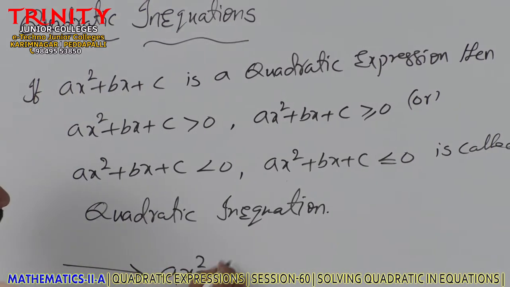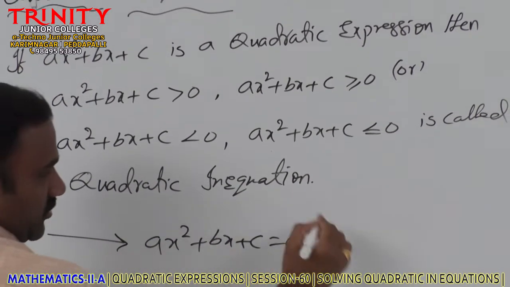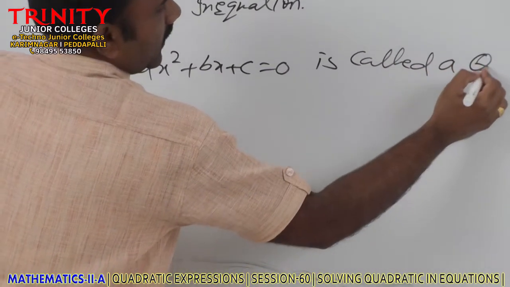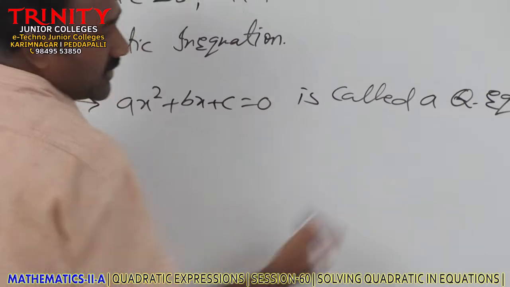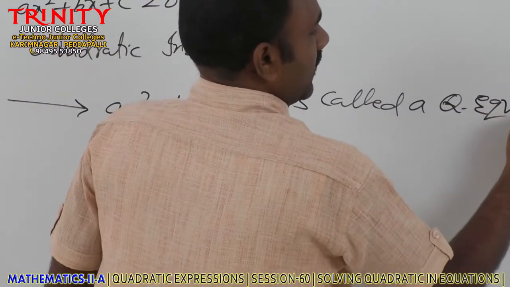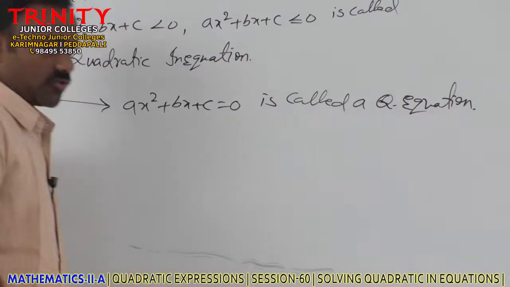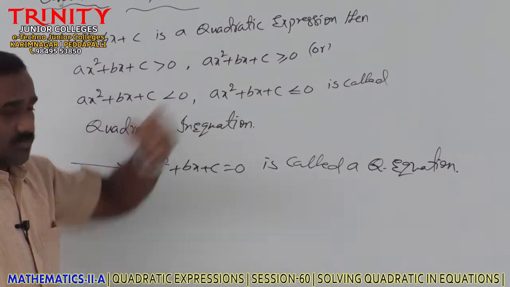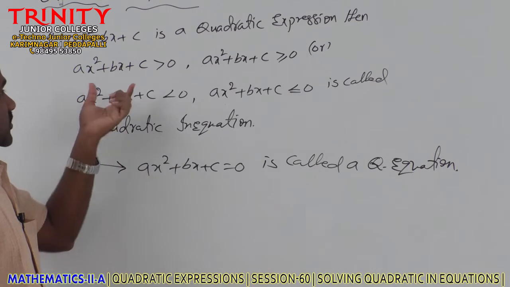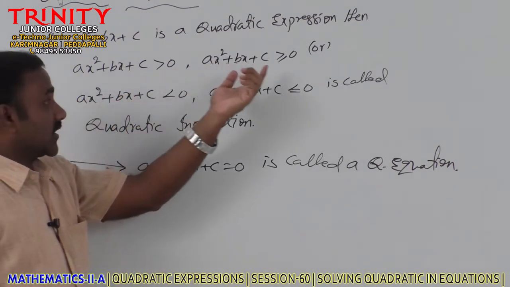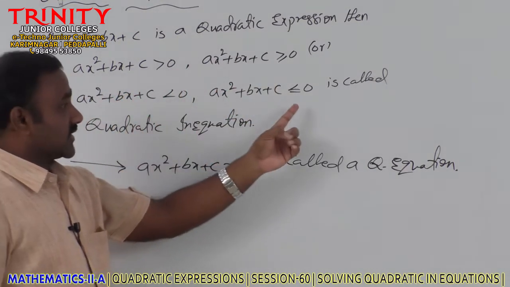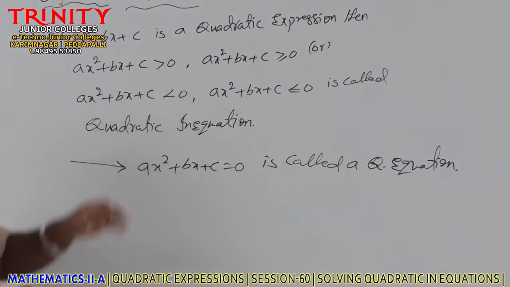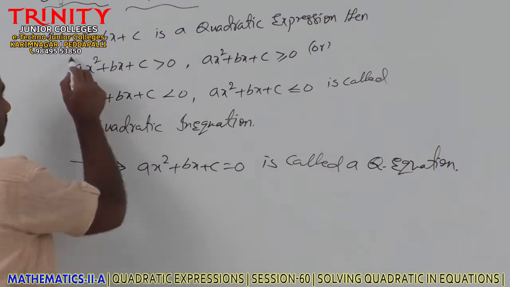Ax square plus bx plus c equal to 0 is called a quadratic equation. Ax square plus bx plus c is a quadratic expression. Then the expression which is either greater than 0, greater than or equal to 0, less than 0 or less than or equal to 0 is called a quadratic inequation.